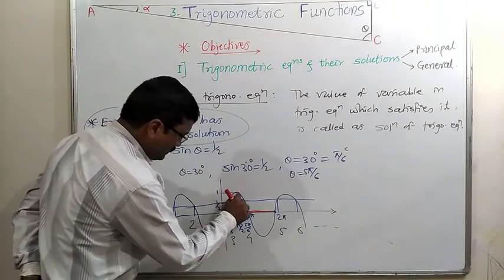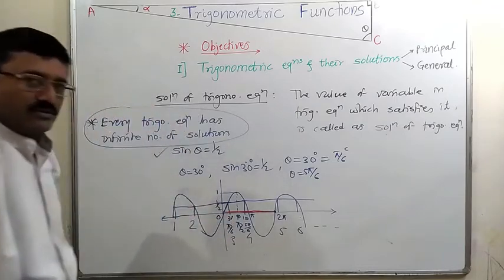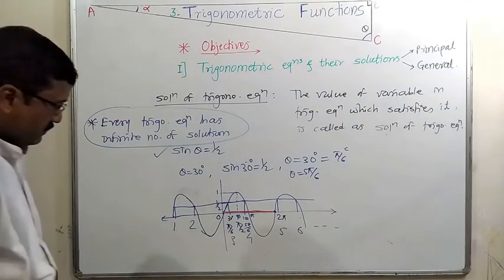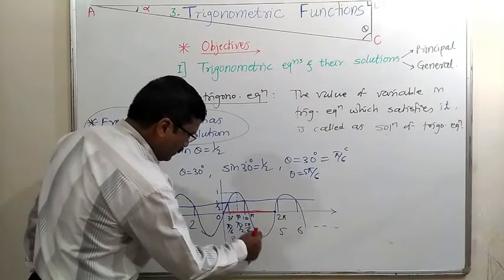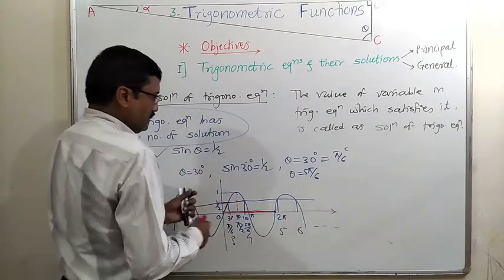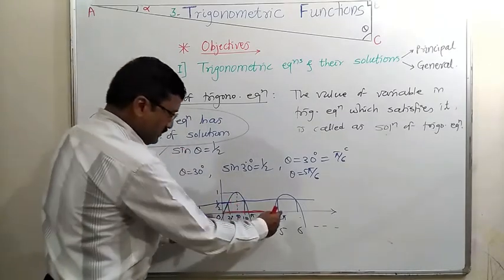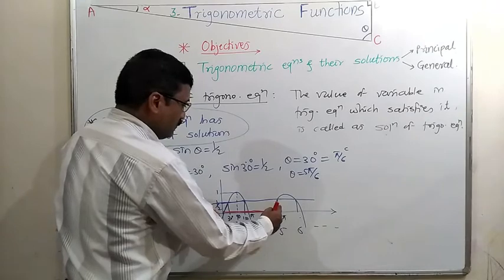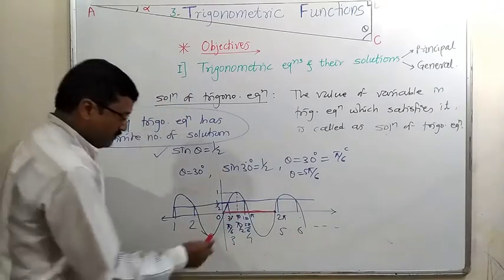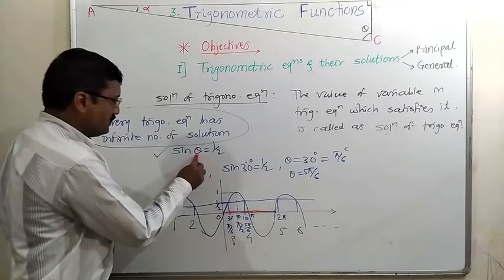This is to the upside, then downside, and then again at the normal situation. So this is one oscillation or one cycle of the sine ratio. If a trigonometric function completes one cycle, then during that cycle, which solutions are there? We have here pi by 6 and 5 pi by 6. These two values satisfy this equation.